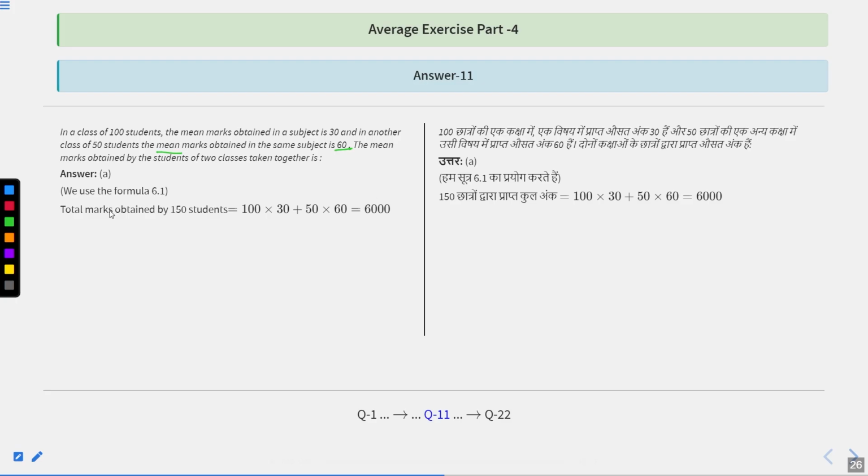So the total marks of 150 students will be 30 into 100 plus 50 into 60. When we calculate it, we get the total marks, which is 6000. The total number of students is 150, because one class is 100 and the second class is 50. What is the average mark? 6000 divided by 150 equals 50. So A is the correct answer. Next one.